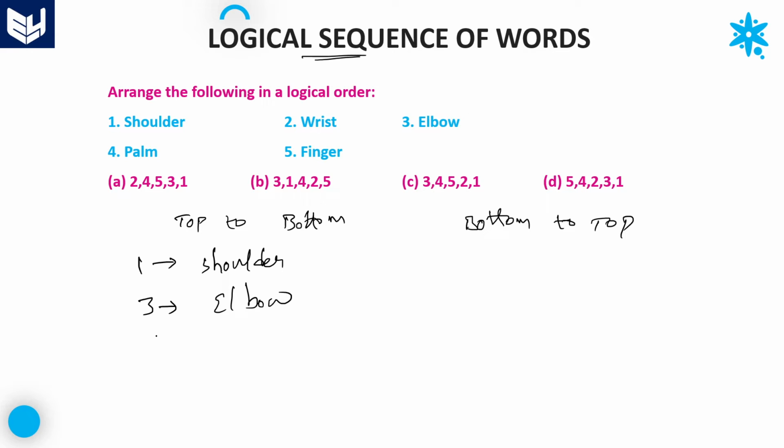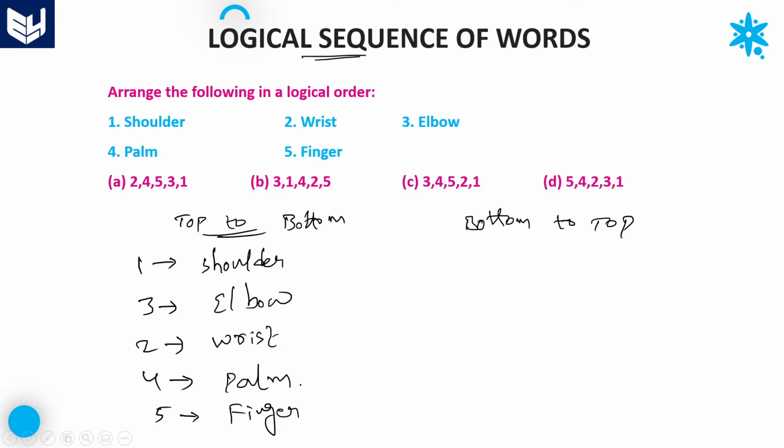After elbow, next one is wrist. Once wrist is done, next one is palm. And finally, finger. Total 5 parts are given.